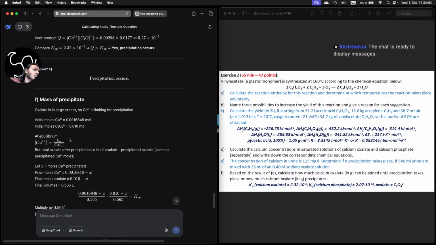So at equilibrium, the concentration of calcium equals Ksp of calcium oxalate divided by the concentration of oxalate. Total oxalate after precipitation equals initial oxalate minus precipitated oxalate.